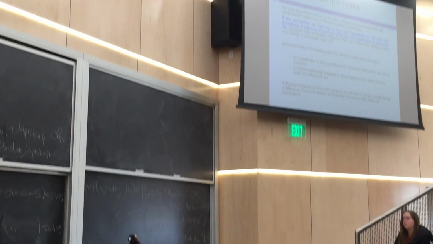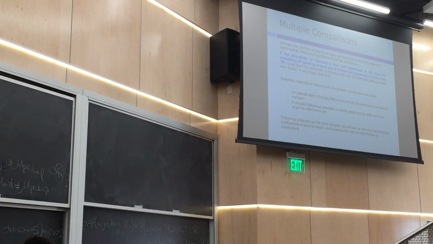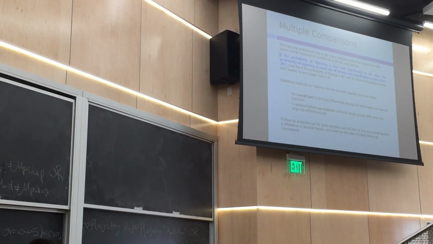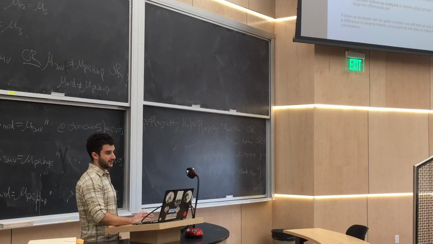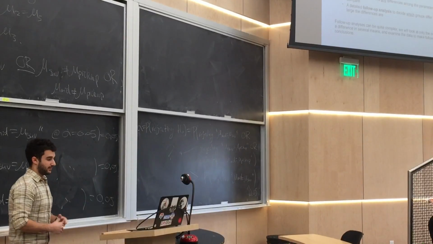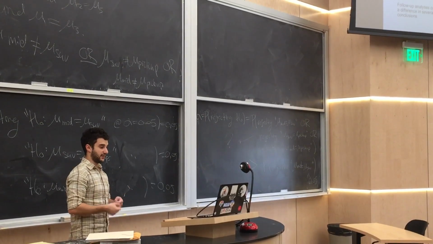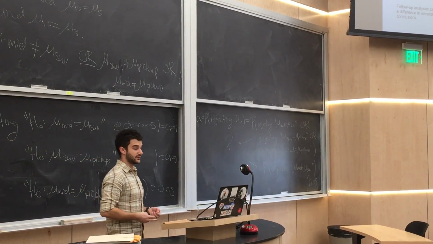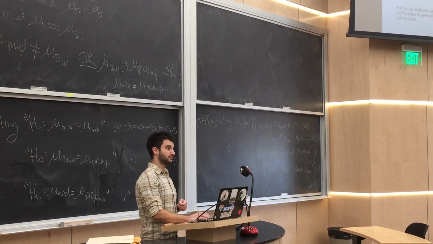So the main takeaway from this is if the probability of rejecting a true null hypothesis is 0.05, then if you do this thing 20 times, the probability of rejecting at least one of those is much greater than 0.05.